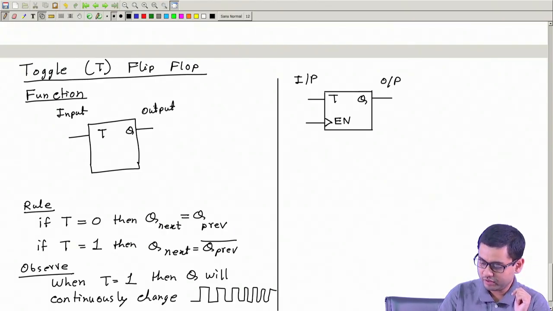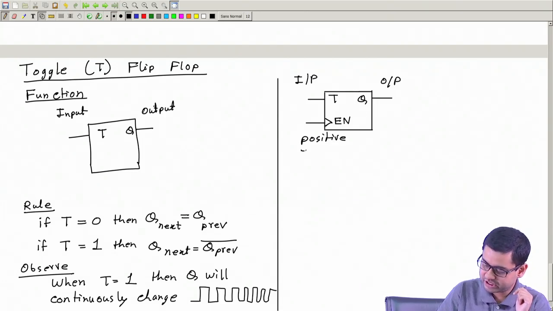Now, this symbol, this triangle, as I told you before, represents an edge triggered input, particularly positive edge triggered input, because there is no bubble before this. So, this is positive edge triggered.